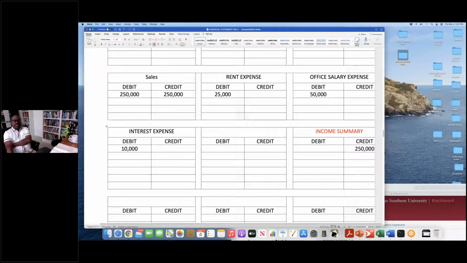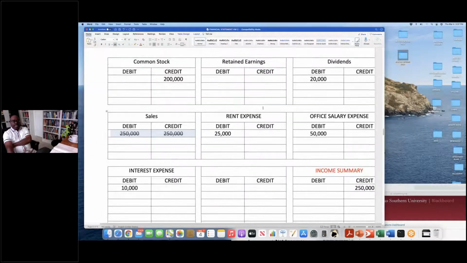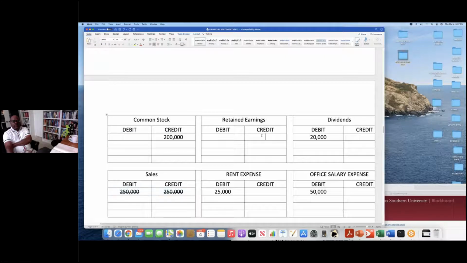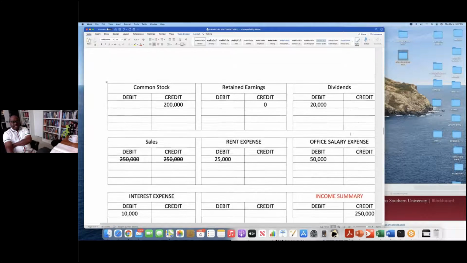So we're in the process of closing out every account below the line. And we're moving from a zero balance in retained earnings to the new balance. You can't just put the change in there. You got to make these journal entries for that to happen.